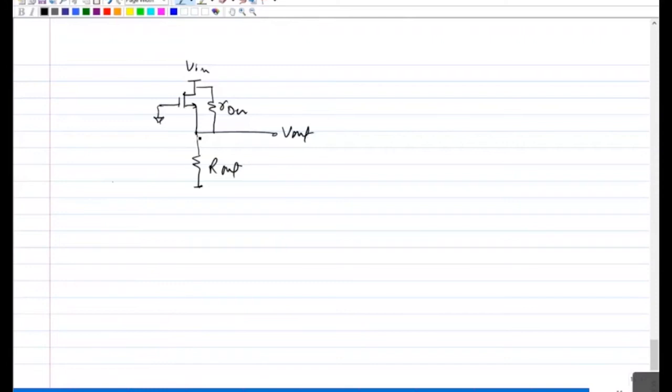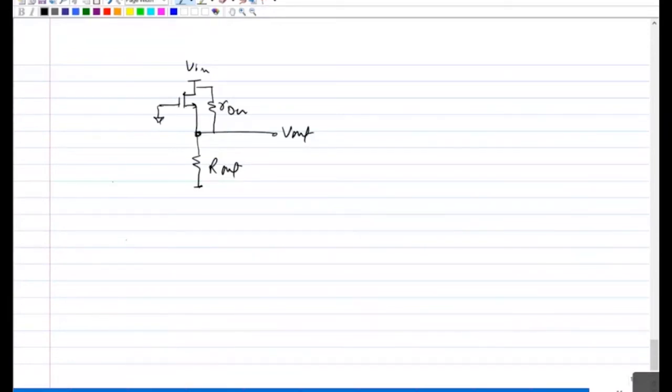So let's do it here. V in. I'm just calling it R out, RON. And if this is grounded, let's do a small signal. So how many currents do we have?